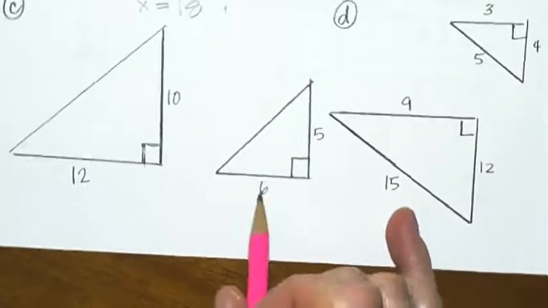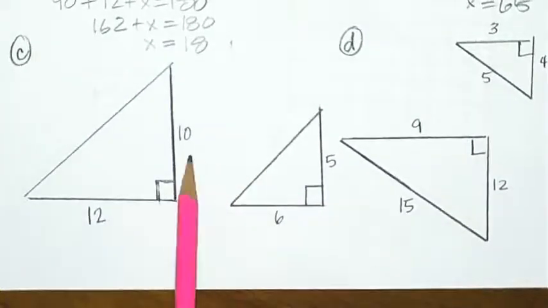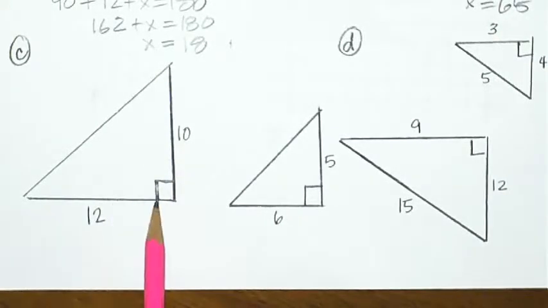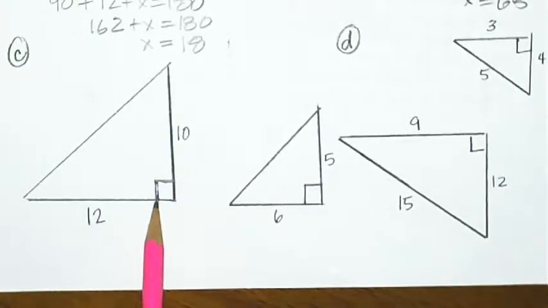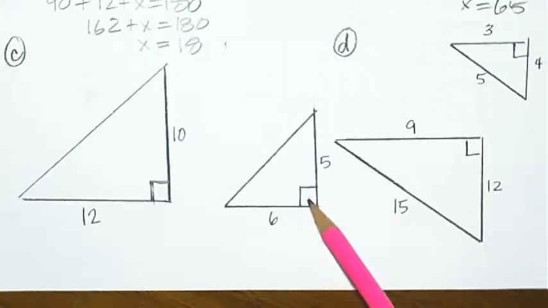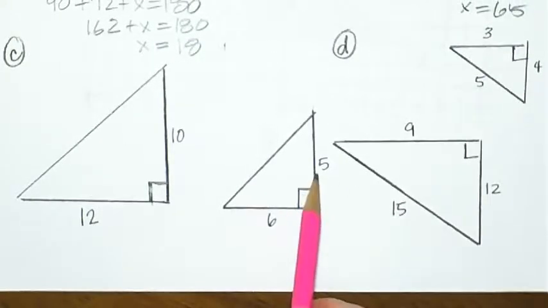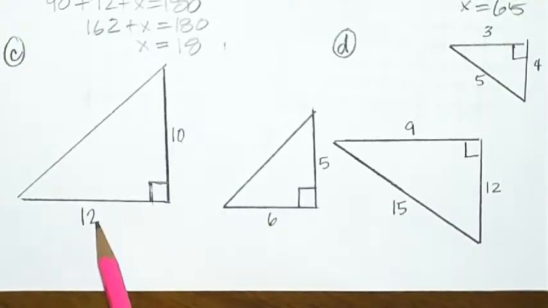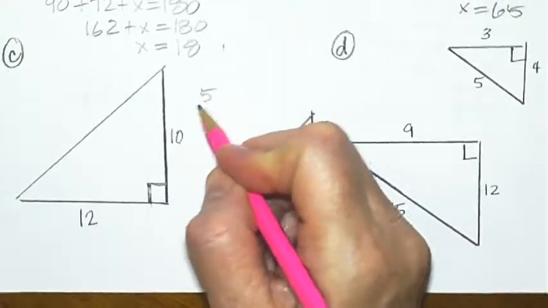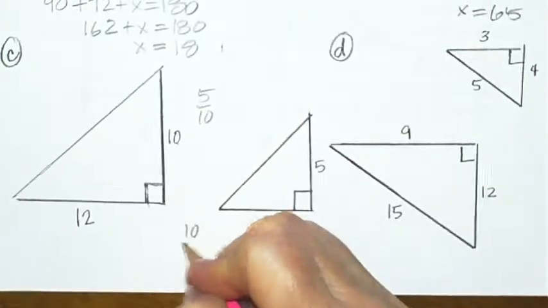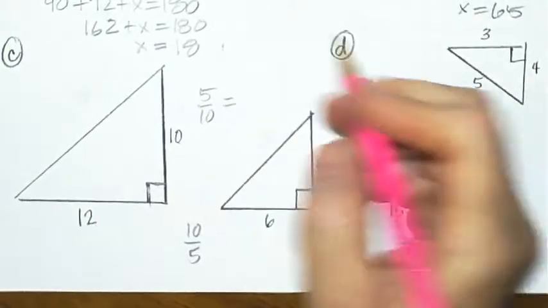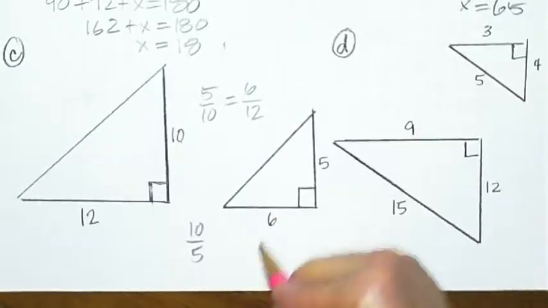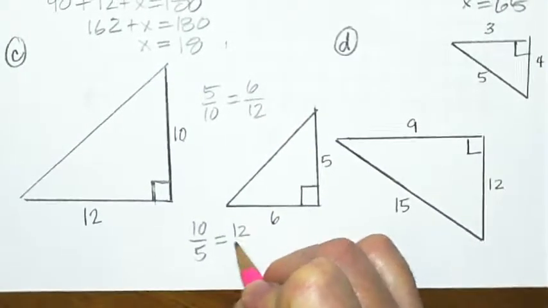For part C, I see that I have 2 sides and an angle that could potentially correspond to these 2 sides and this angle. So let's check this out. 5 times 2 is 10. 6 times 2 is 12. So the sides are in proportion. 5 divided by 10, or 10 divided by 5, is the same as 6 divided by 12, or 12 divided by 6.